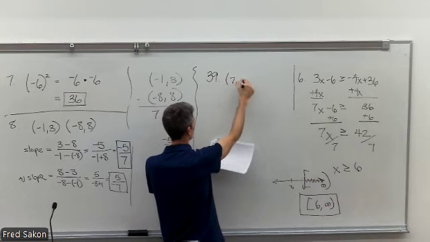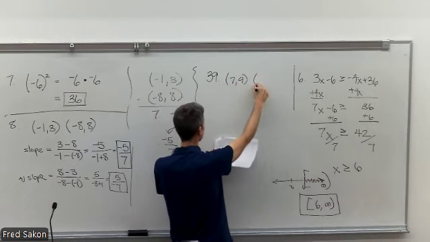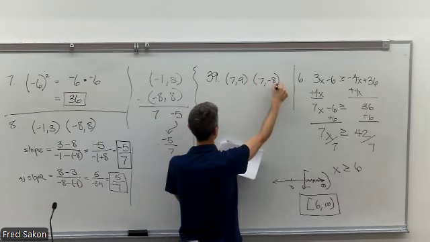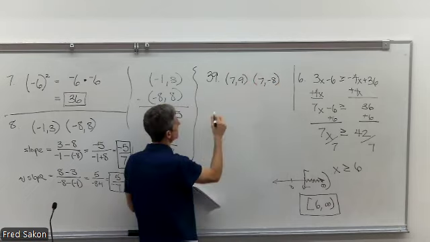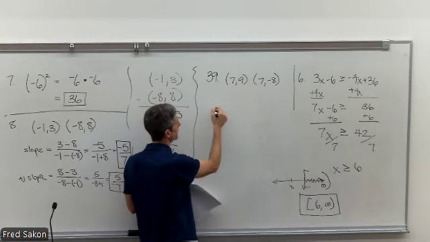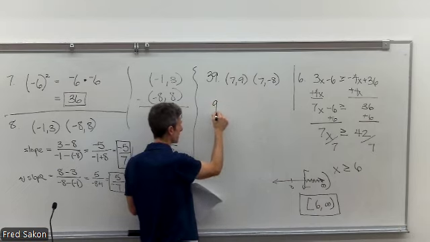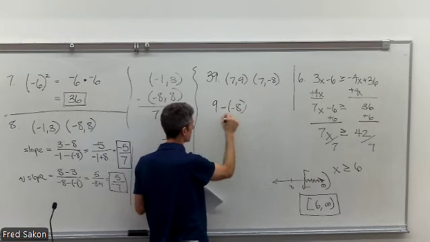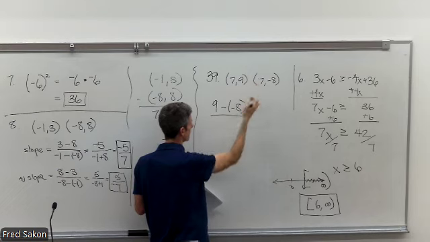The 2 points we have are 7, 9, and 7, -8. So if we set them up with 9 first, then minus -8, then I do 7 minus 7.